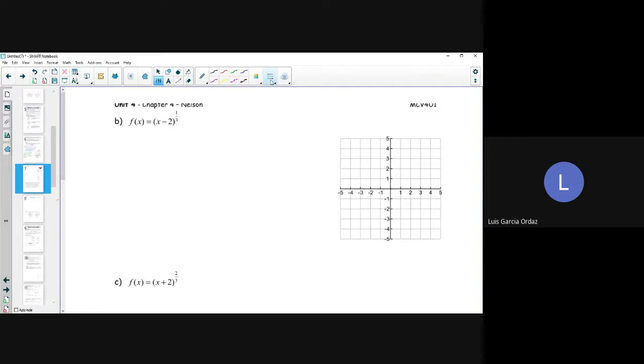So the next one we have is f of x is equal to (x minus 2) to the power of 1/3. So I get my derivative is equal to 1 over 3 times (x minus 2) to the power of -2/3. So I have to set this equal to 0, and I get 1 over 3 times (x minus 2) to the power of 2/3.